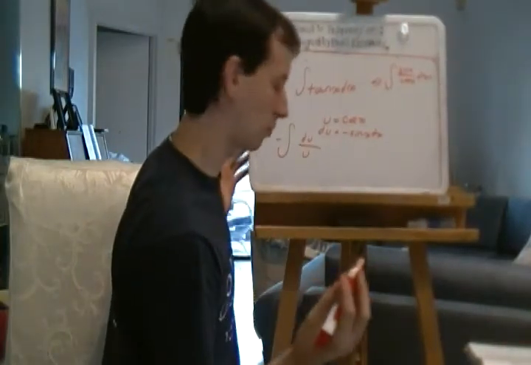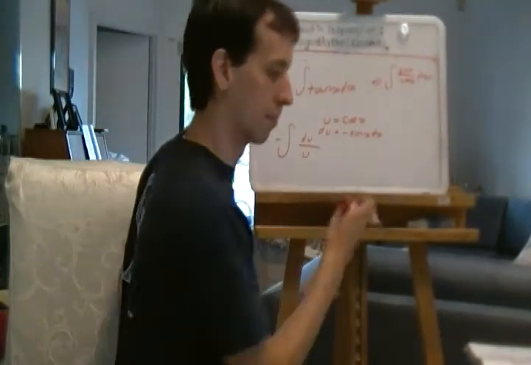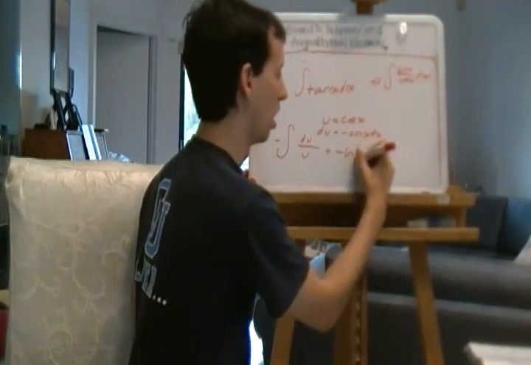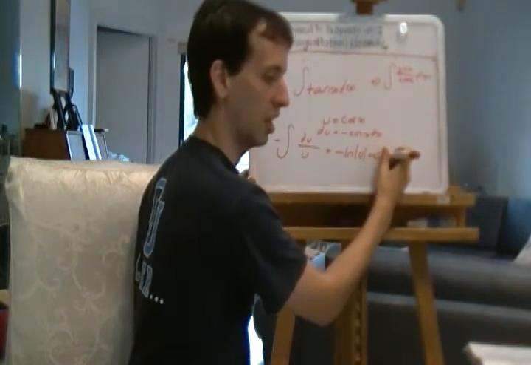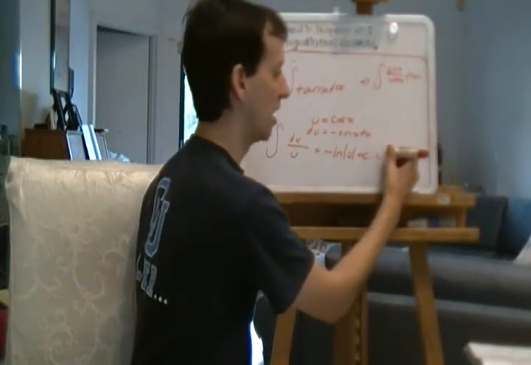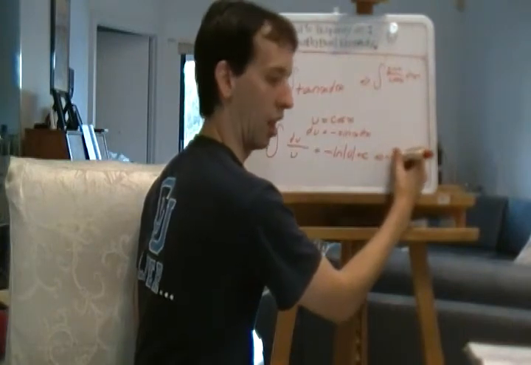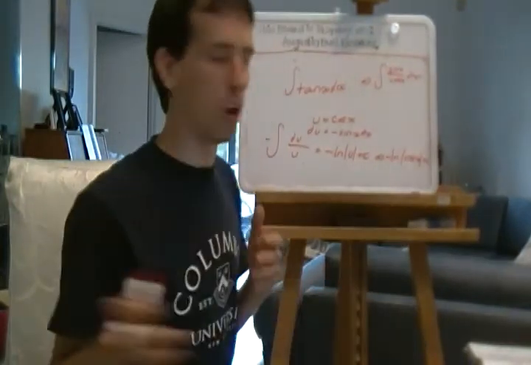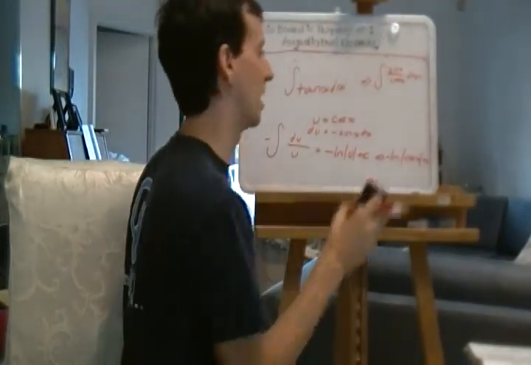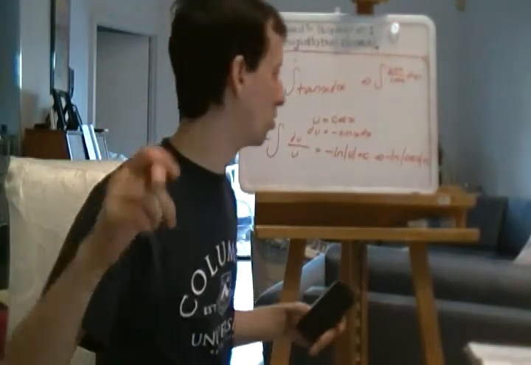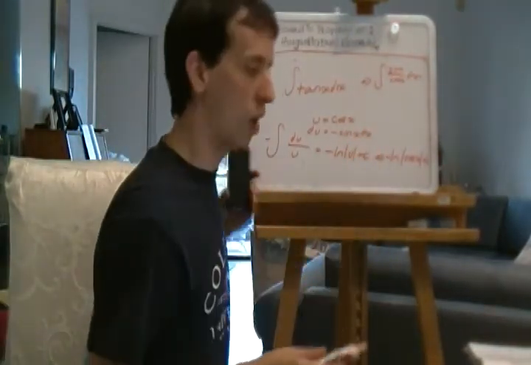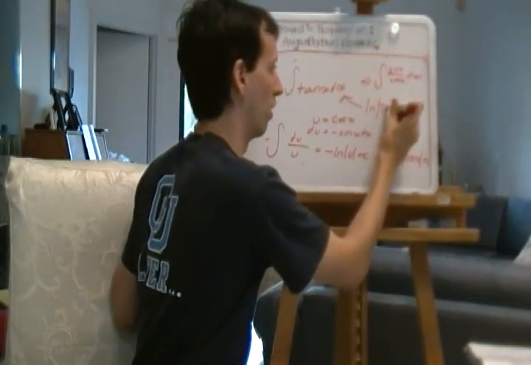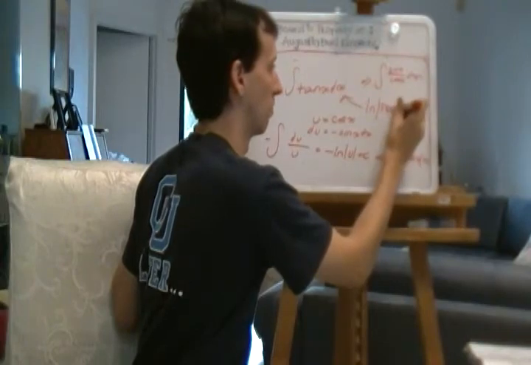Then we integrate that, and we get negative natural log of u plus c, which is negative ln of the absolute value of cosine x plus c. But using the law of logs, negative ln cosine x is just ln of 1 over cosine x, which is the secant, which is why this integral is the natural log of the secant plus c.